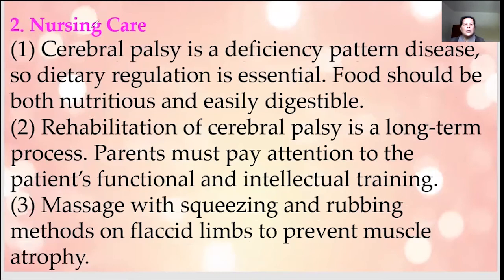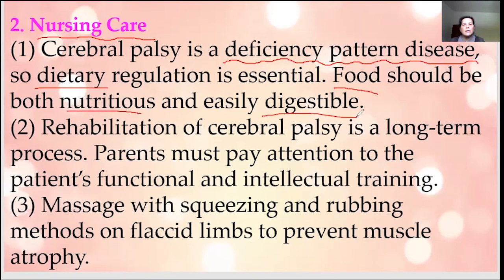Then we talk about nursing care. These illnesses are still pretty difficult problems, mainly related to differences. That means the baby needs more nutrition to build up the body, so find suitable food that provides nutrition and is easily digested.